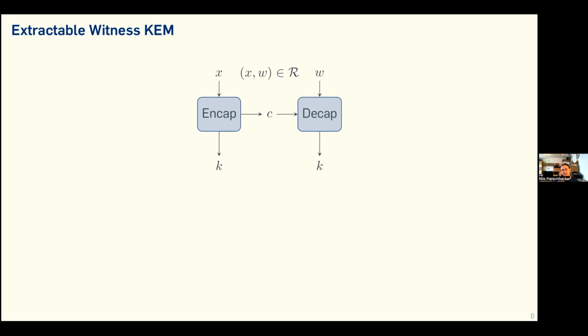And the ciphertext can then be decapsulated if somebody has a witness. And this decapsulation will then also result in a key, and if everything went correctly, then the key will be the same as on the encapsulation side. So it's very similar to encryption. The difference is that the key is not chosen by anyone. The key just falls out of the scheme.